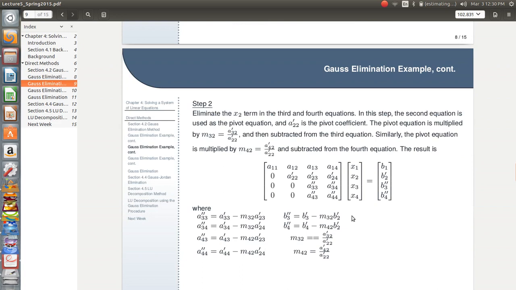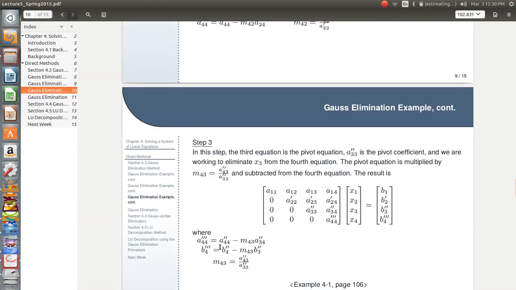Please note that we do have pivot coefficients generated here. Step 3, then, in the third equation, using the pivot equation, we try to eliminate the variable x3 from the fourth equation. And you can see that as we step through this, we are creating an upper triangular matrix.